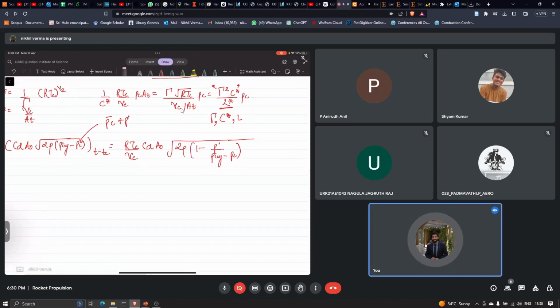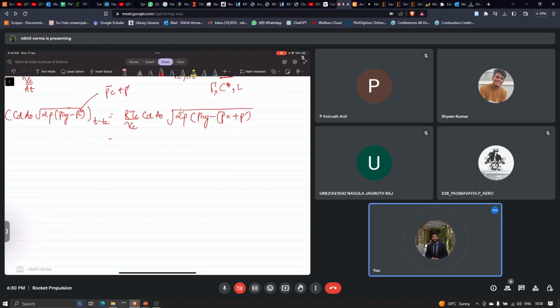So what I have done here is 2 rho, P injection minus this thing, plus P dash.